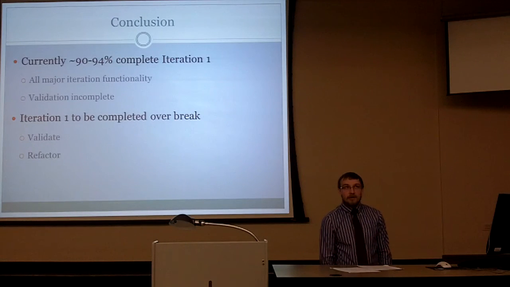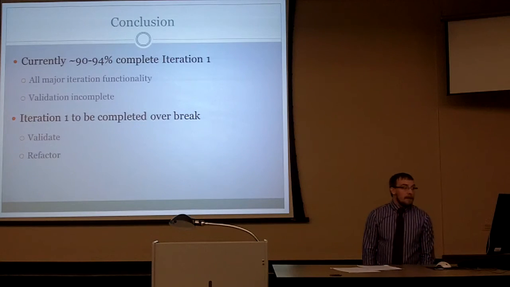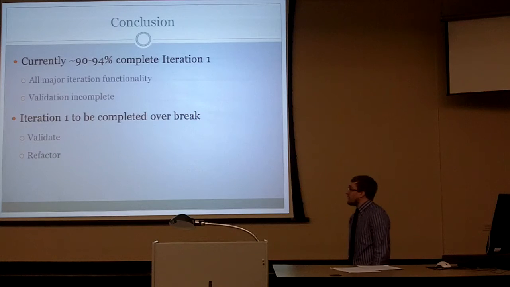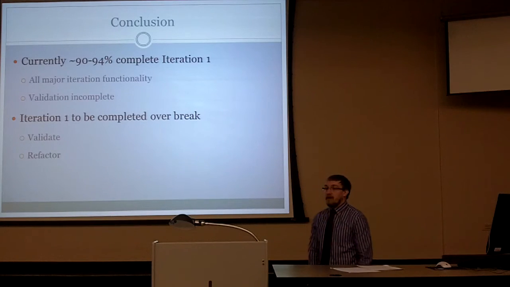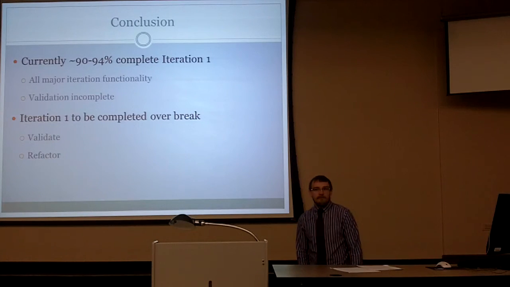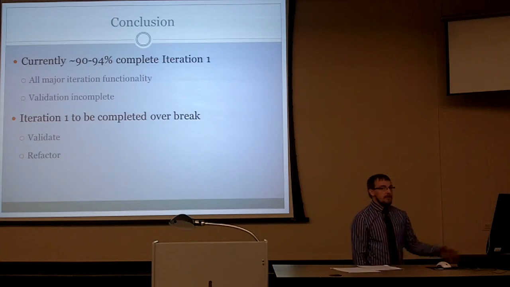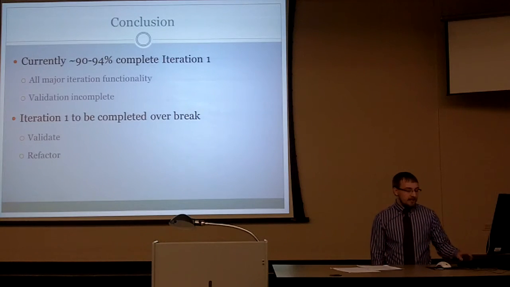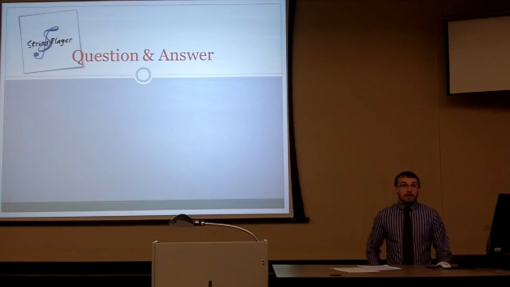We are nearly done with that. So iteration 1 will be completed over the break. We'll validate the user input and refactor the code for some of the weird naming input and testing purposes. And that's all I have.